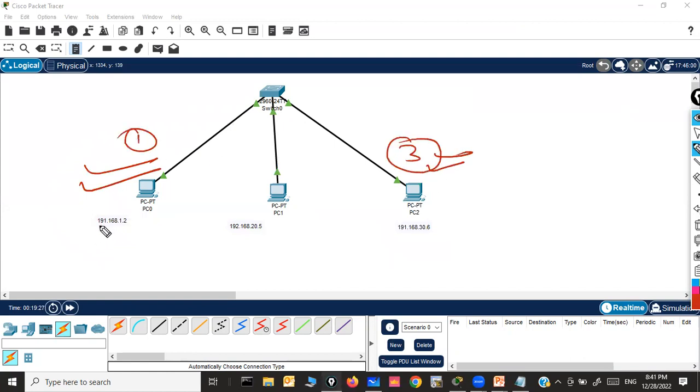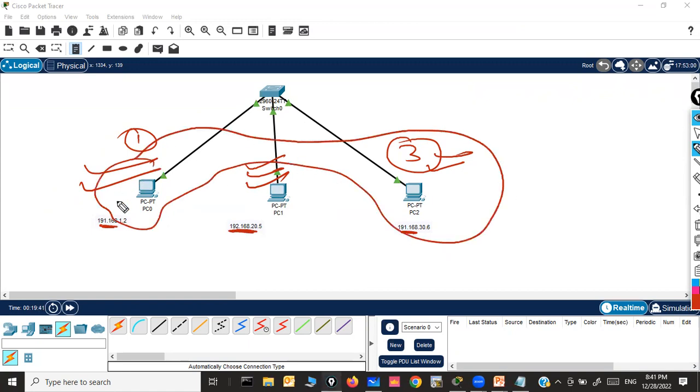They are in the same network because it's class B. Class B means the initial 2 octets should be the same, and this machine is completely isolated because it is in class C and has a 3-octet network portion. So basically these two will communicate with each other, and this one is completely isolated.